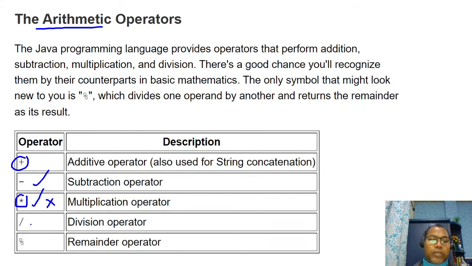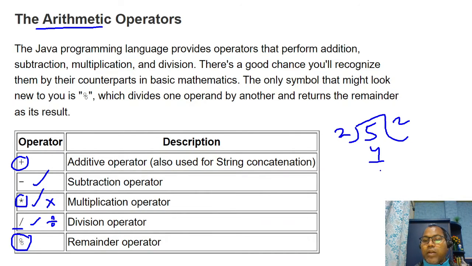This is the division operator. In mathematics you learned a different symbol, but here the division operator uses a slash. And this is one new thing you should know about: the modulo operator. The modulo operator gives the remainder. Let's say we have 5 and you divide it by 2: 2 goes into it 2 times, making 4, and the remainder is 1.